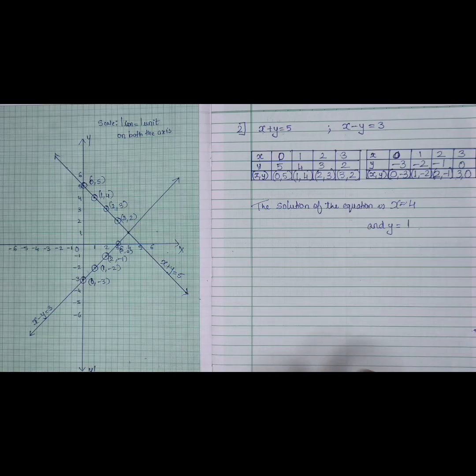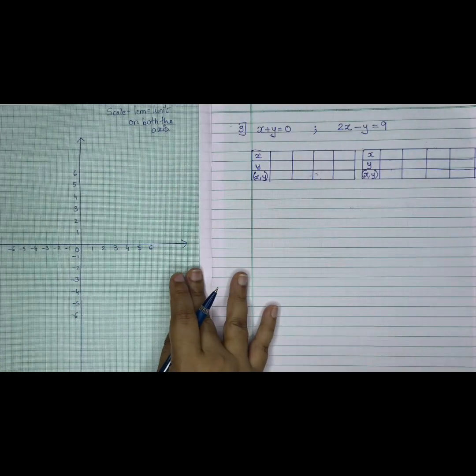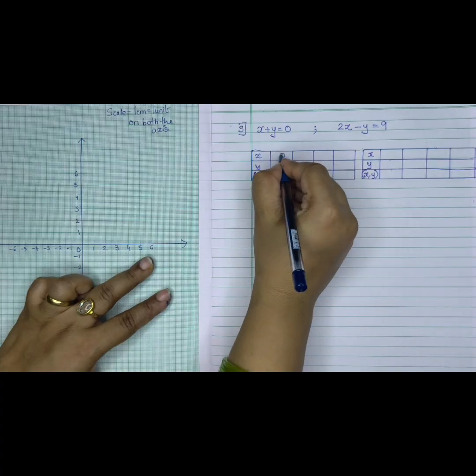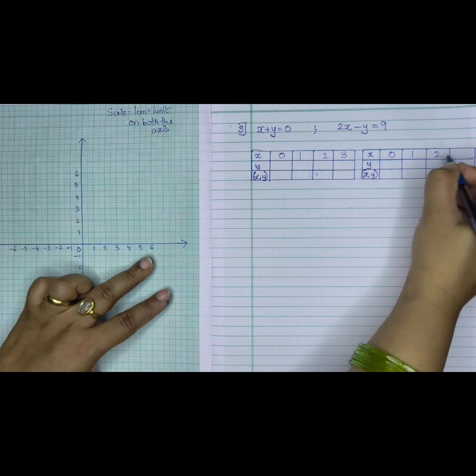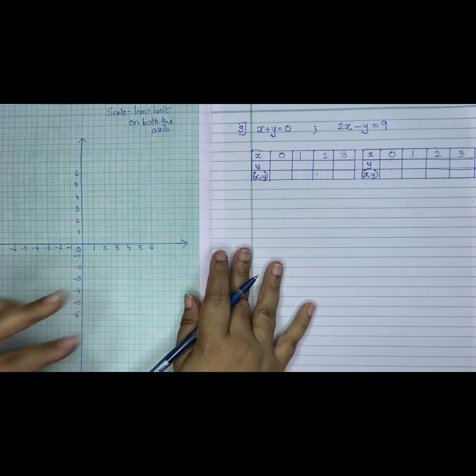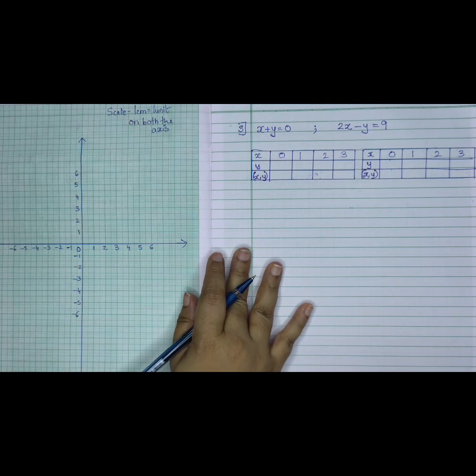Now we do the next sum, the third sum. Same way again we will write here 0 1 2 3, 0 1 2 3. Now we will solve this.